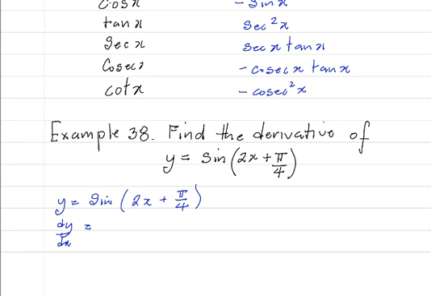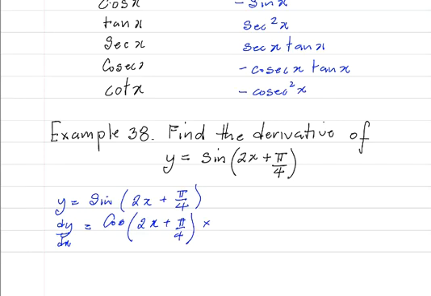Now, if we differentiate sine, which is the outside function, we're going to get cos x. So this is cosine 2x plus pi by 4, multiplied now by the differential of the inside function. The inside function is 2x plus pi by 4. Pi by 4 is a constant.